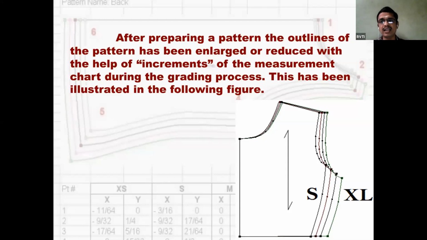I will check again and again, because if the pattern has any problem, definitely my costly fabric will be affected. If I cut my fabric with the help of a faulty pattern, my entire process will go in vain. So for that, I have to check again and again, since I am spending 2000 rupees, 3000 rupees.